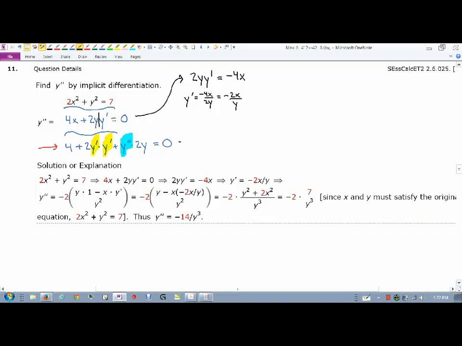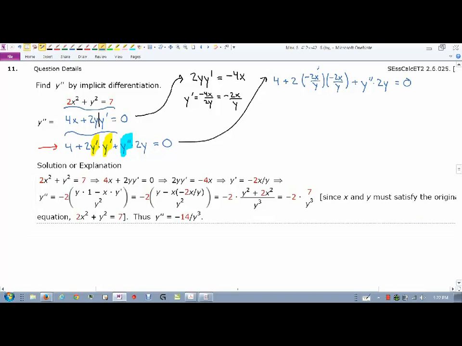And now let me take this and rewrite it. So we have 4 plus 2 times y prime, which we said was negative 2x over y. And then we have y prime again, negative 2x over y. And then plus y double prime times 2y, and then that equals 0.